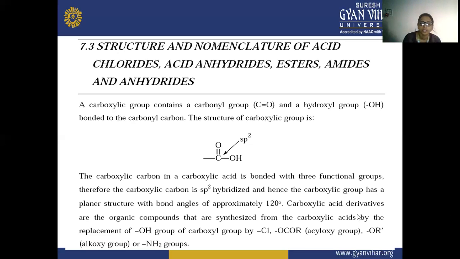Here this C is sp2 hybridized because it is attached to three groups: one is your alkyl group, second is your oxygen, and the third is your OH group. So the carboxyl carbon in a carboxylic acid is bonded with three groups, 1, 2, and 3.